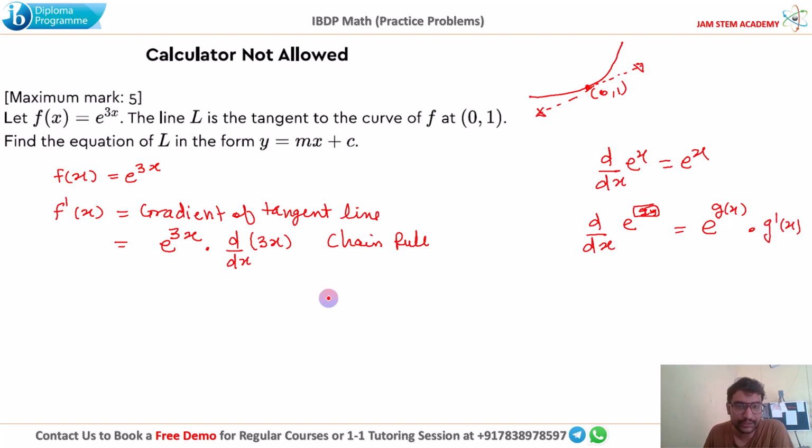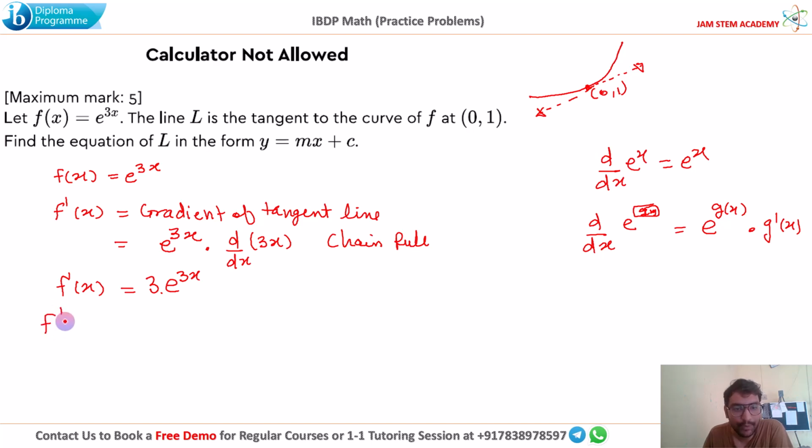So here I'm doing the same thing. I have e raised to the power 3x, then I have to multiply it with the derivative of 3x, which is 3 only. So finally I got 3 times e raised to the 3x as my gradient of the tangent line, or the slope of the tangent line at any point. But we don't need it at any point, we need it at a specific point which is (0, 1).